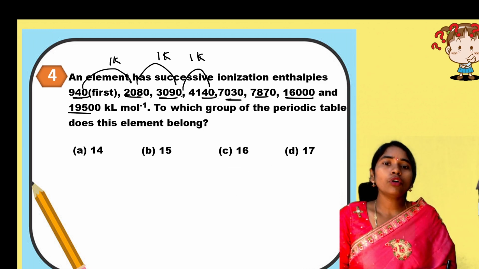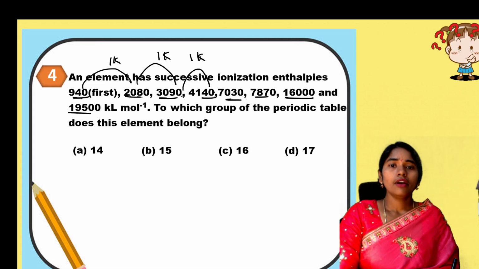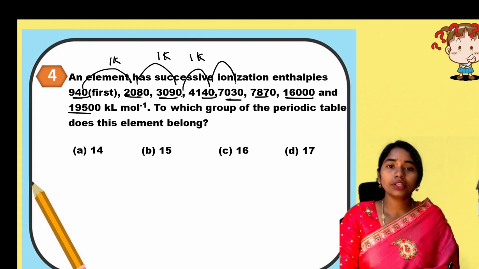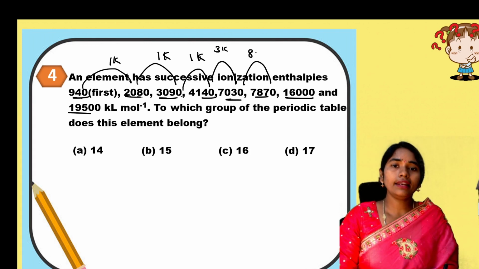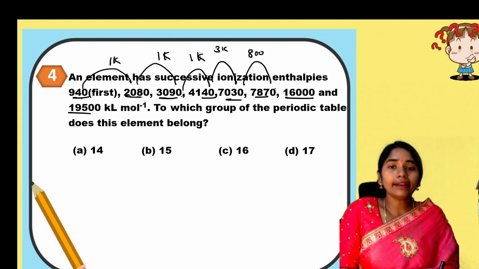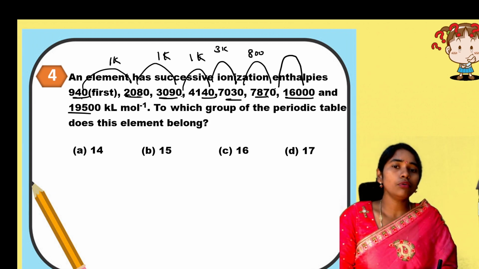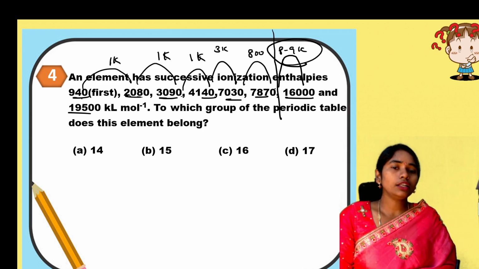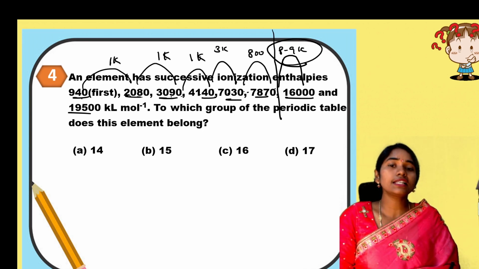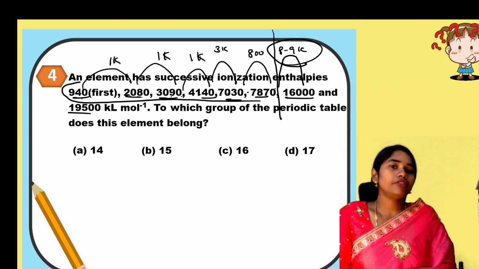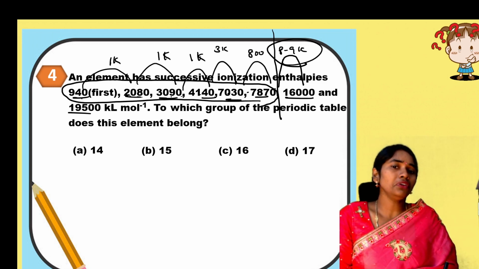But here from 4000 to 7000, a 3k difference, and here about 800 difference. And here at a time, how much is the difference? So much difference, almost 8 to 9k difference is there. So how many electrons does it have in the valence shell? 1, 2, 3, 4, 5, 6 electrons in the valence shell. After removal of these 6 electrons, you can do it.